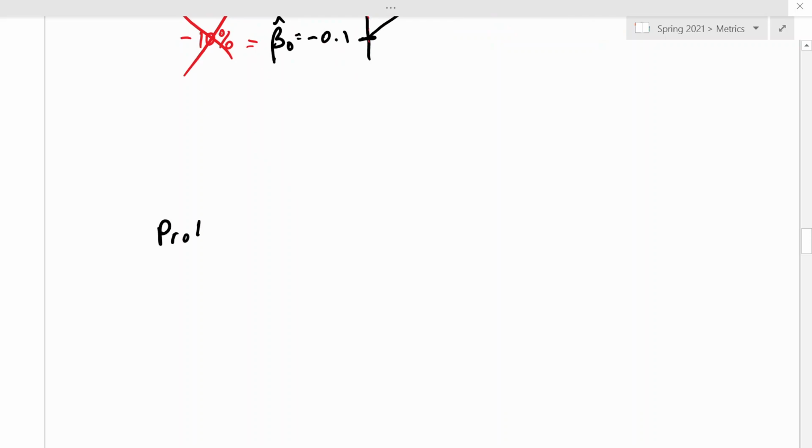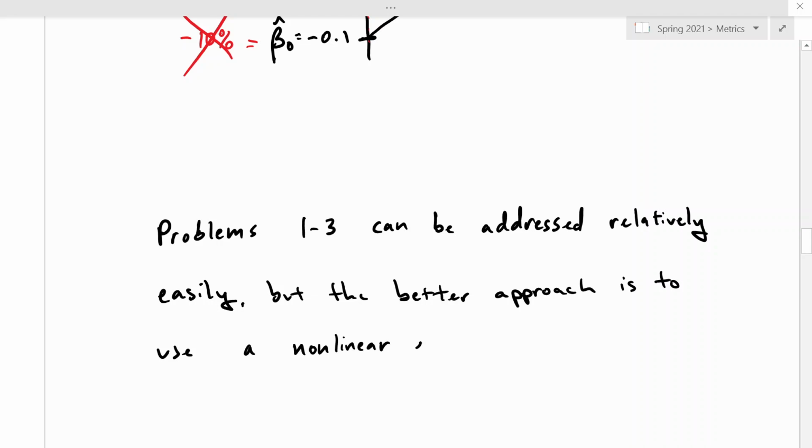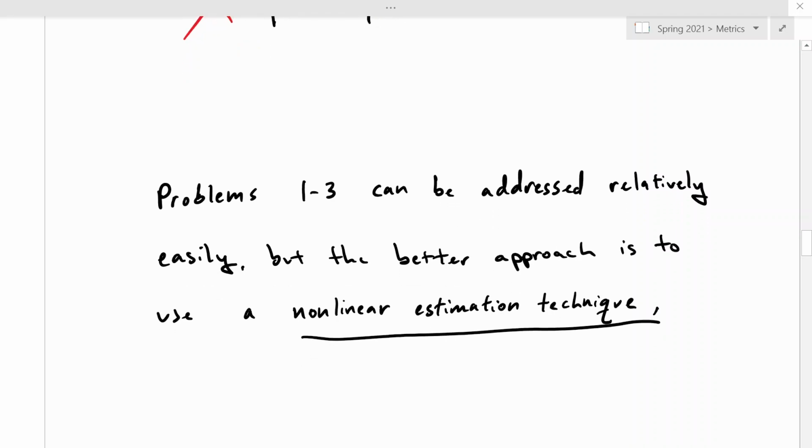Problems 1 through 3 can be addressed relatively easily, but the better approach is to use a nonlinear estimation technique, which is departing from everything we've been working up towards so far.